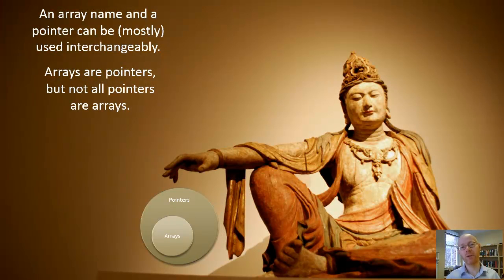So the takeaway here is that an array name and a pointer can be mostly used interchangeably. Where you have one, you can use the other. And the reason for that is that whilst arrays are convenient constructs for us to think about how we're arranging data, in terms of how they get implemented and how things get looked up, we're fundamentally doing pointer arithmetic at the start of it, indexing it by a certain amount and then dereferencing it.